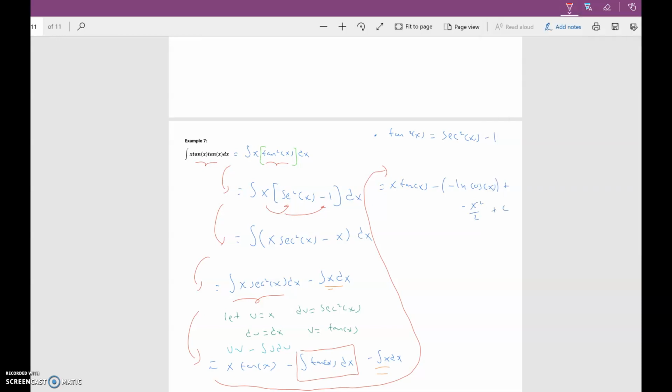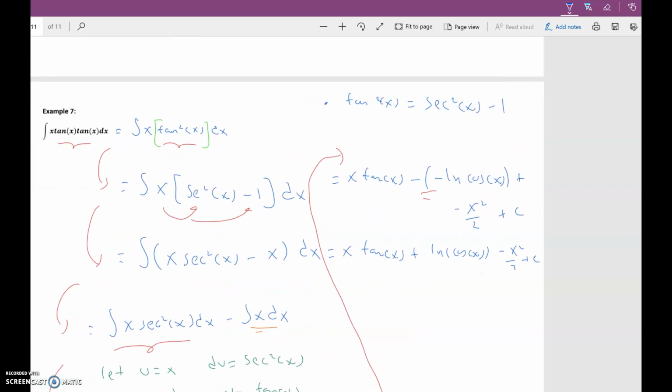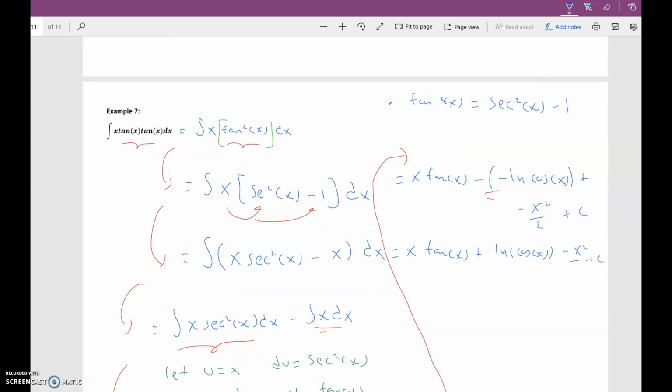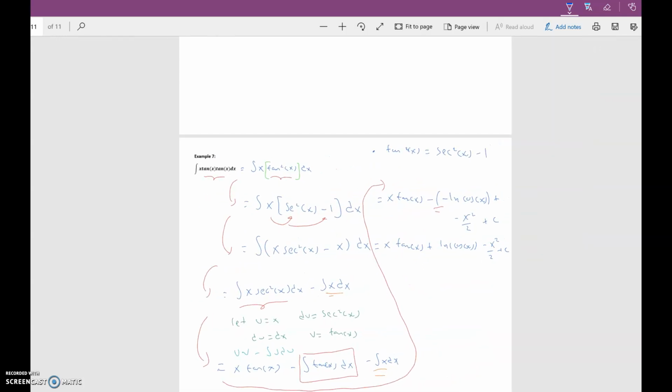So technically, this is going to simplify. We can rewrite it as x tangent of x plus the ln of the cosine of x minus x squared over 2 plus c. Okay, so that's our final answer for this one.